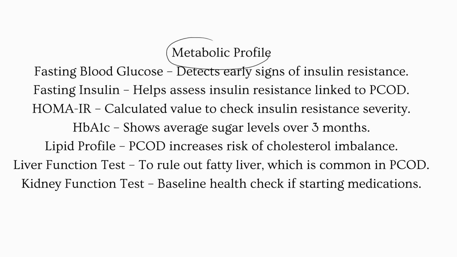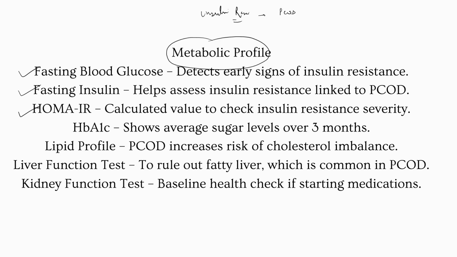Metabolic profile is often done in PCOD. Why? Because there is a certain level of insulin resistance in patients of PCOD. Now, this insulin resistance can cause diabetes-like symptoms. So, first is fasting blood glucose, fasting insulin for seeing whether there is resistance, whether insulin is produced nicely or not.